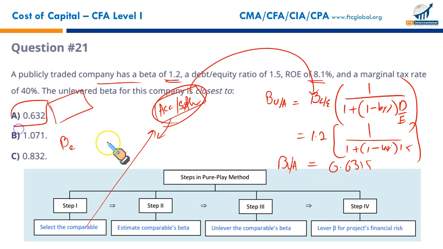The next step, which hasn't yet been covered in this question, is to relever this beta according to my debt to equity ratio. Let's say my debt to equity ratio is 30%.